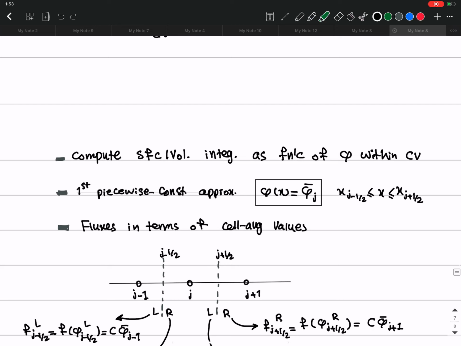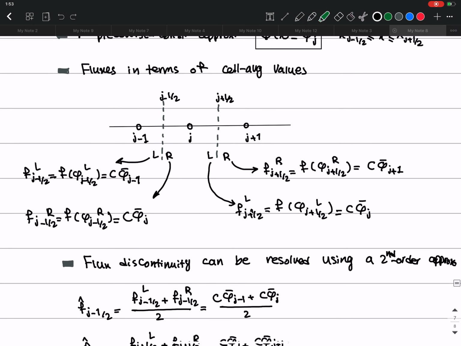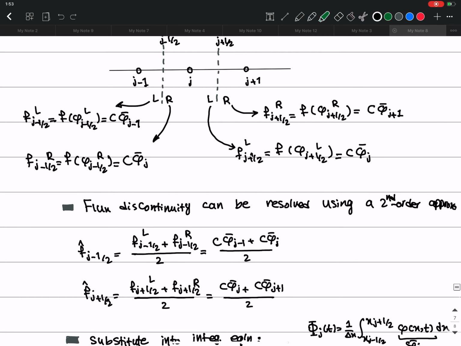This is a second order approximation that you can show.